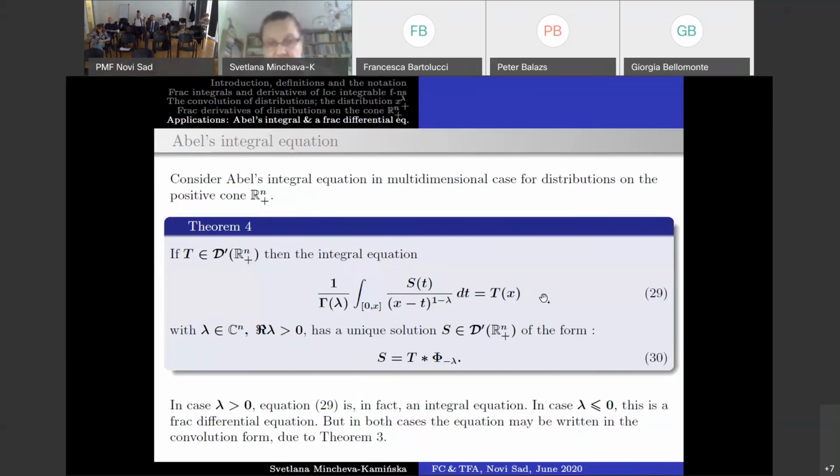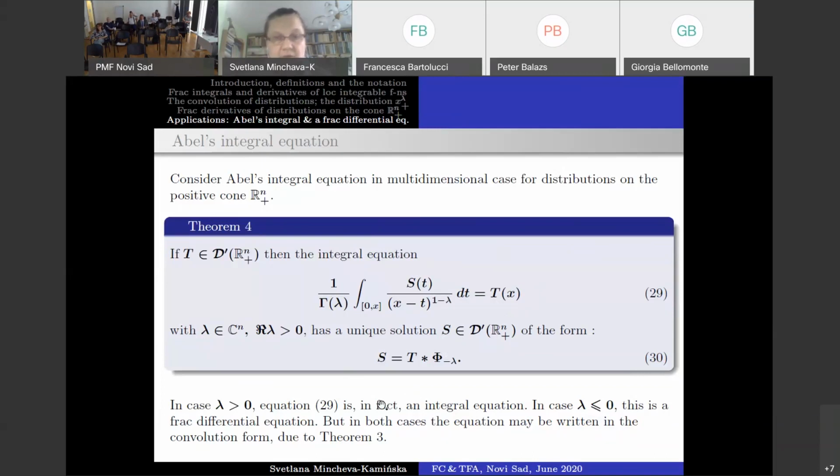Let us consider this Abel's integral equation of type 29, where T is the sought distribution, and S is a given distribution, with an arbitrary vector of complex numbers lambda which has a positive real part. Then the solution of this equation is given by formula 13.